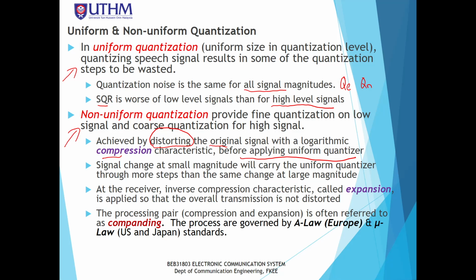We do a little bit of modification to the input signal, okay, by going through the logarithmic compression element. Okay, akan ada satu bahagian block diagram dalam sistem yang mana dia akan buat proses compression. Nanti kita akan lihat. And then after the compression, we will apply to the uniform quantization.